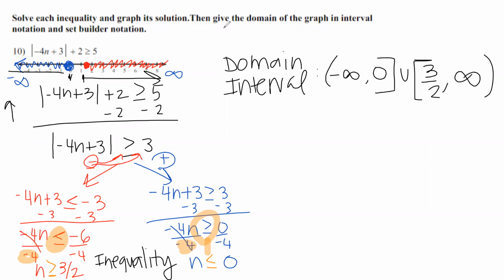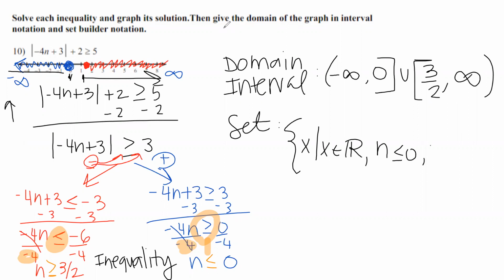They are greater than or equal to and less than or equal to. And lastly, in our set notation, we would say x such that x is an element of the real numbers, but n is less than or equal to 0 and n is greater than or equal to 3/2, since those were our two inequalities that we solved for.